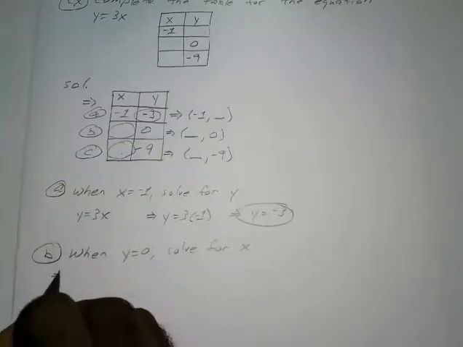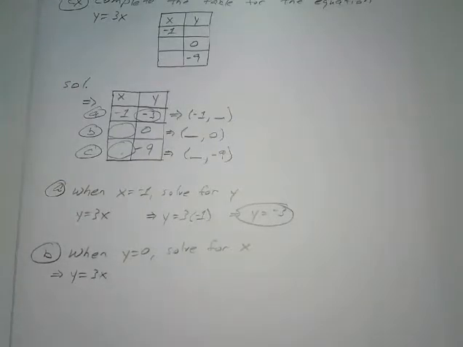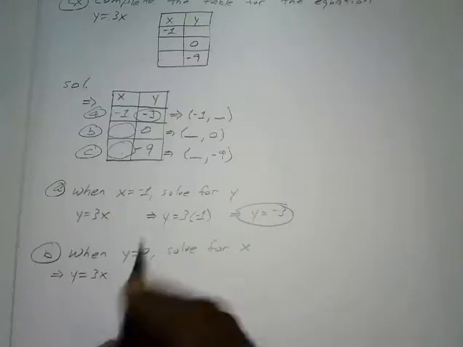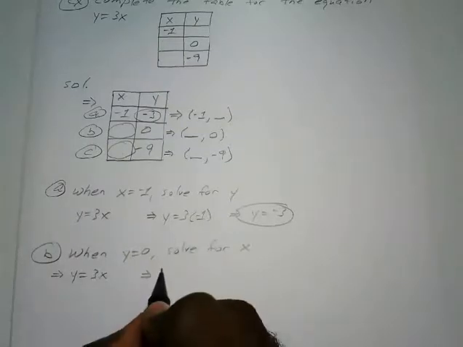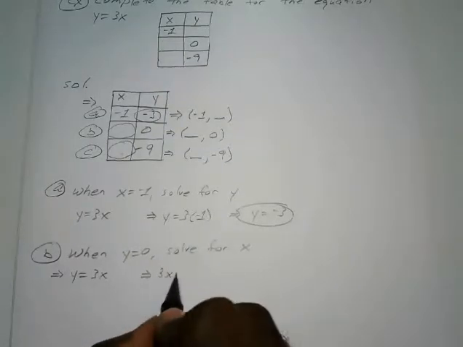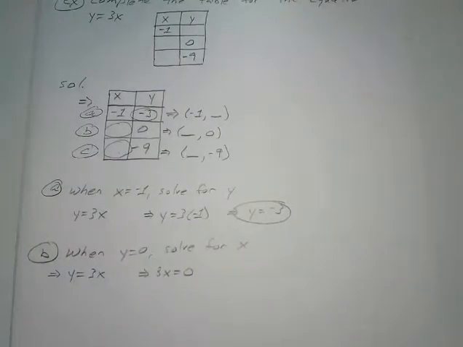Okay, so again, we have y equals 3x, and we know that y is equal to 0. So we have 0 equals 3x, or 3x equals 0. It doesn't matter, I just feel better when my variable's on the left. So we make it 3x equals 0, but if you want to put it as 0 equals 3x, you're more than welcome to.